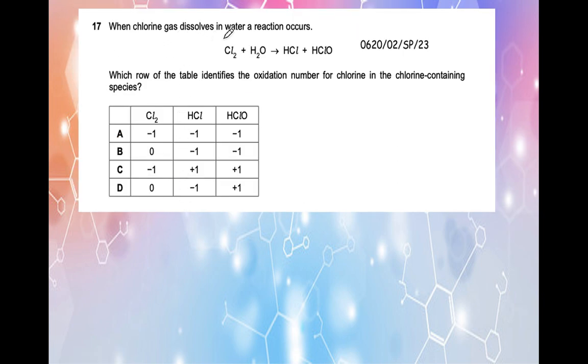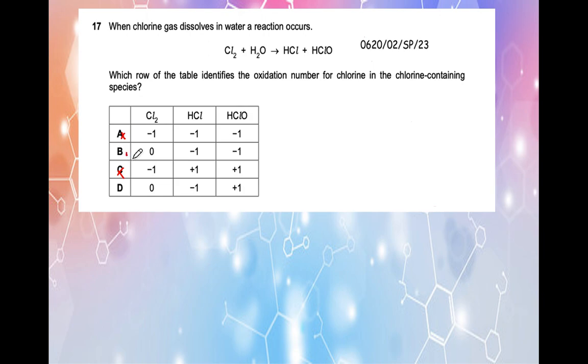When chlorine gas is dissolved in water, a reaction occurs. Which row of the table identifies the oxidation number for chlorine in the chlorine-containing species? Chlorine alone without any other atoms should be 0. So A is wrong and C is wrong.